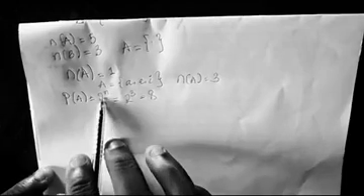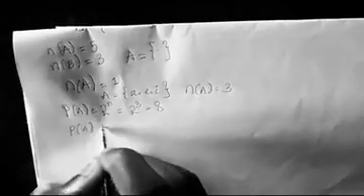So the formula used to get the power set of a set is 2 raised to N, where N is the cardinality of the set. So that is 8. That means the power set of this has 8 possible subsets.